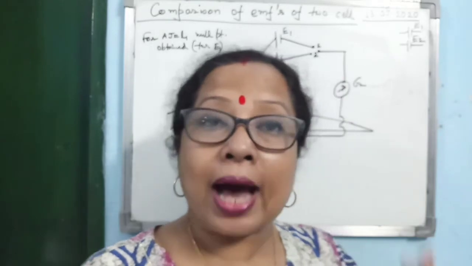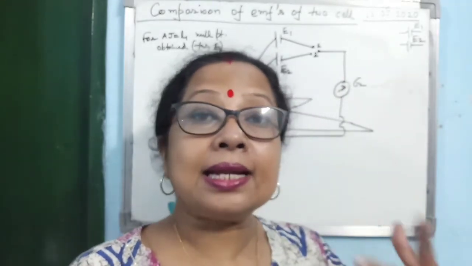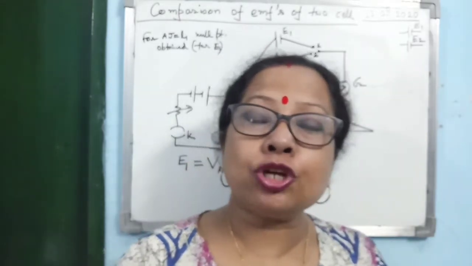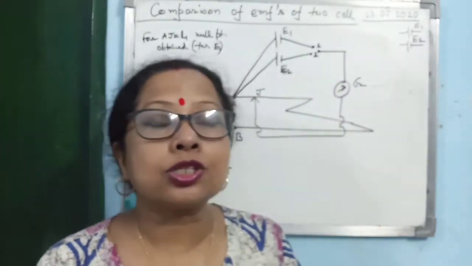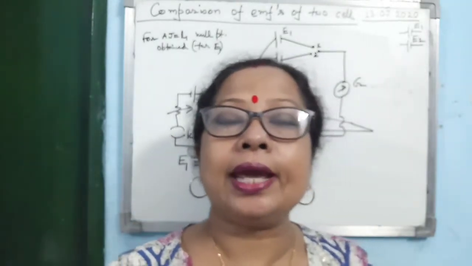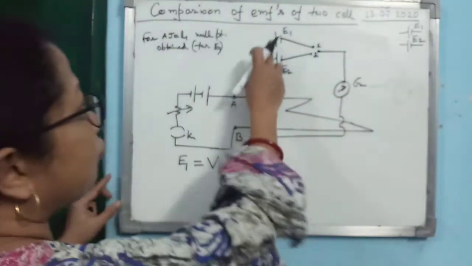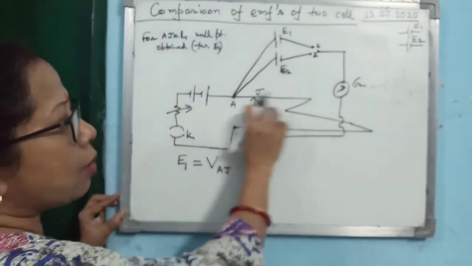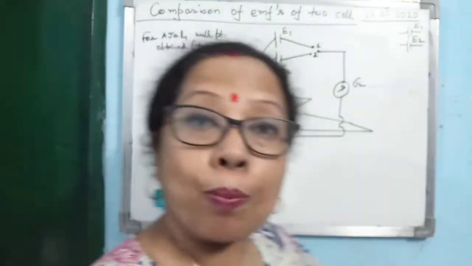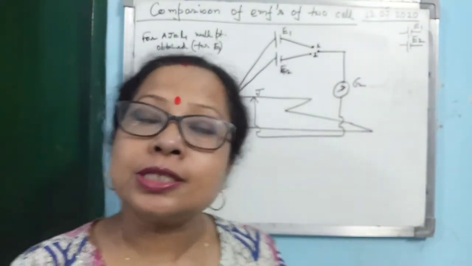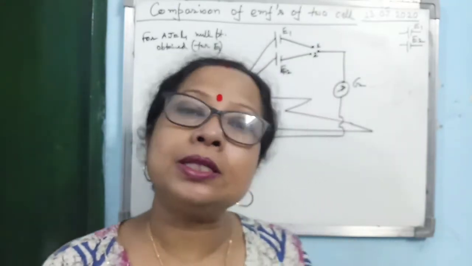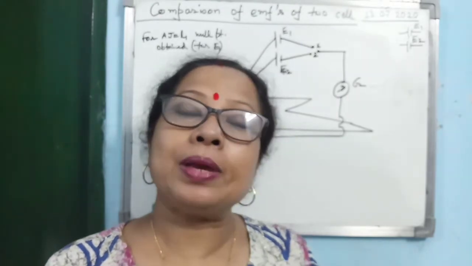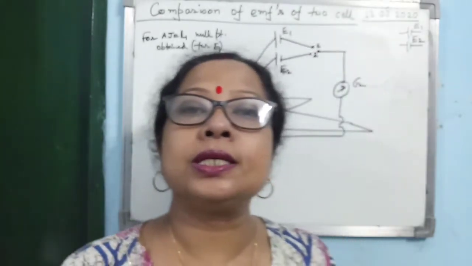So you see why at the beginning I said at least three to four times that whatever cell you connect in a potentiometer circuit, the positive terminals of all the cells should be connected at point A. Why? Because if the positive terminals are connected, only then will the EMF and the potential drop oppose each other. And if there is opposition, only then will the galvanometer show no deflection, when the EMF and the potential difference become equal in magnitude and opposite in direction.